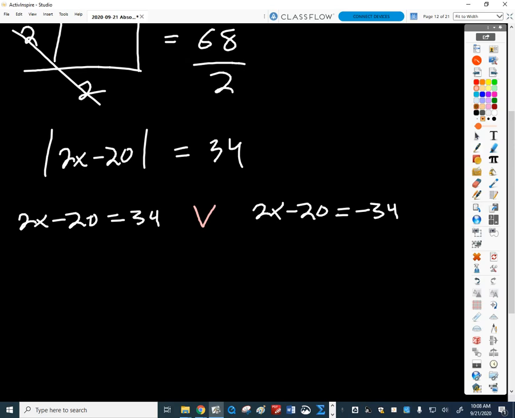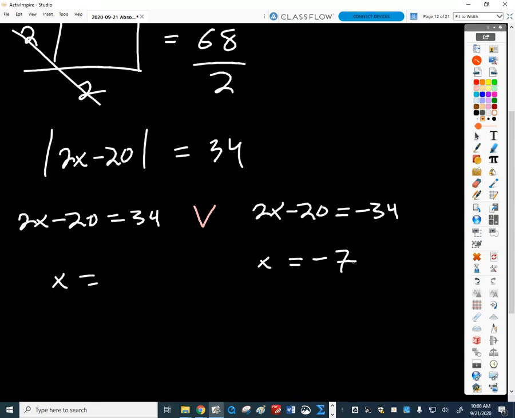So when all the dust settled, what do we get for our answers on this one? Chloe, what'd you get? We subtracted 20 and divided by 2, and what'd you get? Oh, you added 20 and divided by 2. X equals 32. Okay, yeah, x equals negative 7.